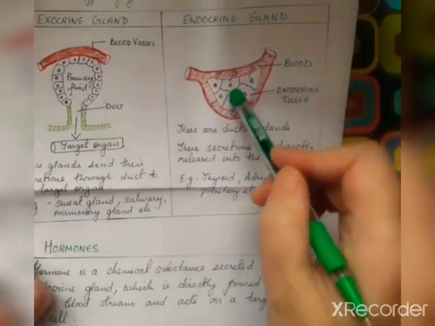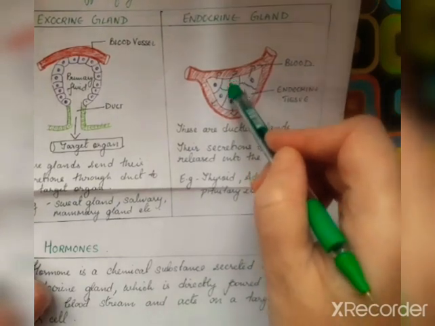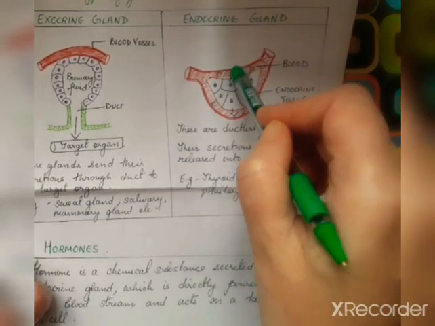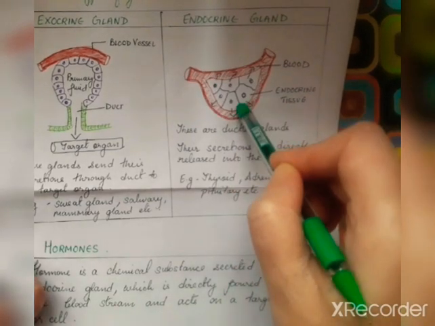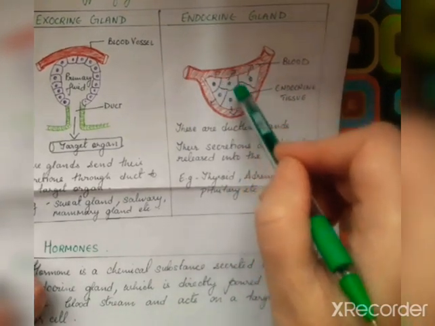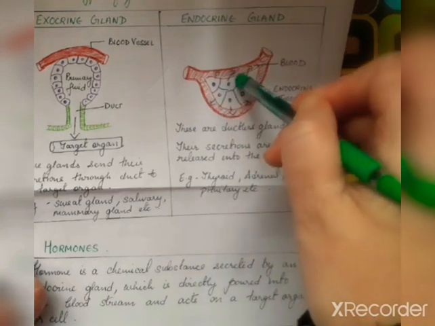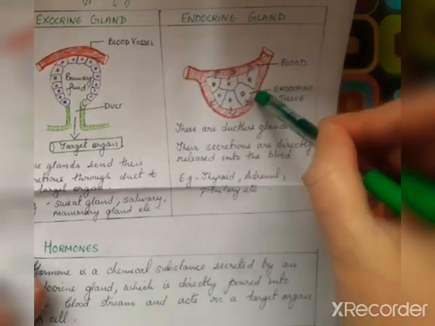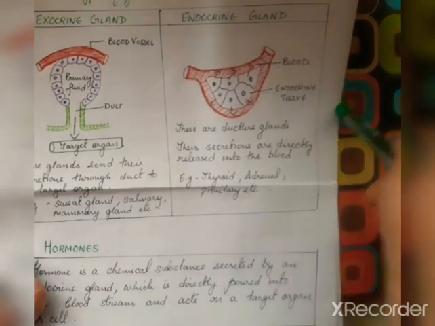So when this secretion that is secreted by the endocrine cells is known as hormones, it's a chemical substance and it has various functions to perform. There are different kinds of hormones secreted by different endocrine glands.